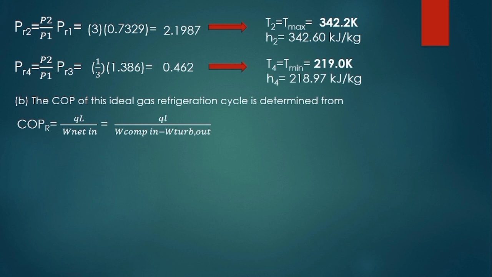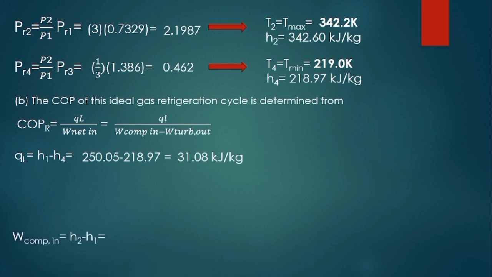First we're going to find the QL, where the equation is enthalpy 1 minus enthalpy 4. Since we already have enthalpy 1 and enthalpy 4, we're going to substitute the given values. So 250.05 minus 218.97 kilojoule per kilogram. Our Q sub L is 31.08 kilojoule per kilogram.